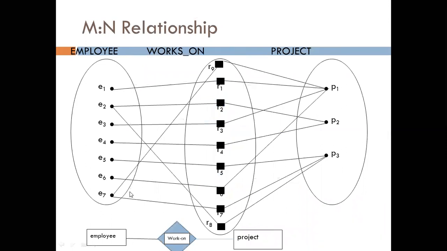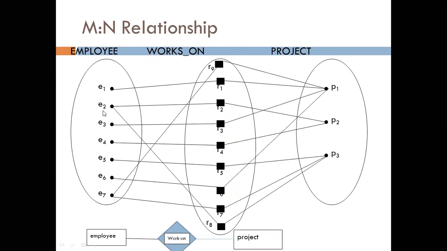In the same way, the m:n relationship. This is many to many. The example is employee and project. One employee can work for n number of projects.